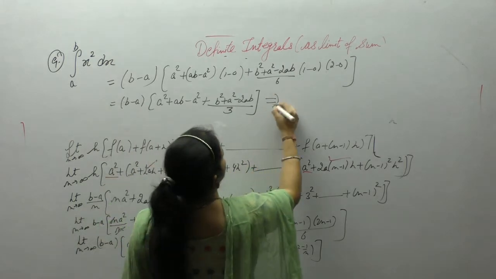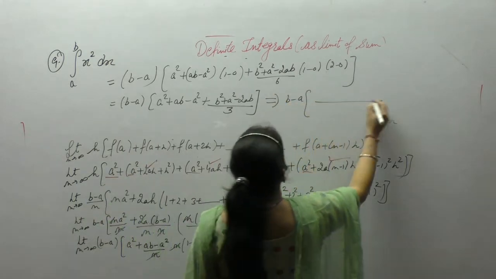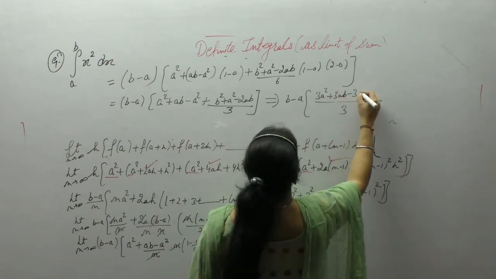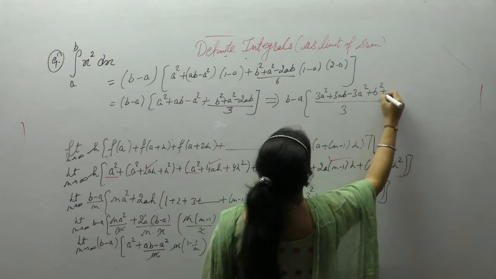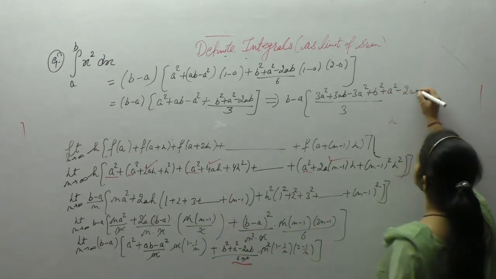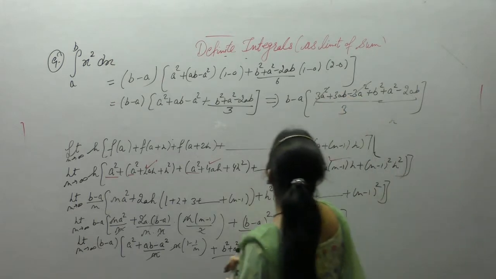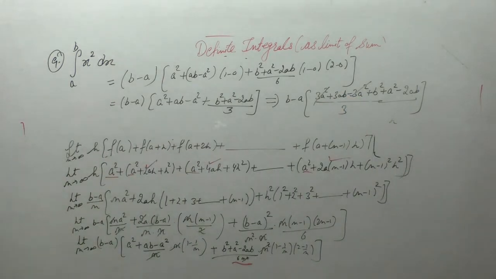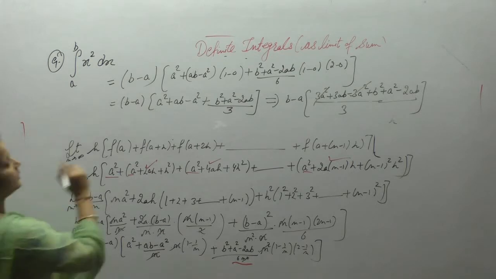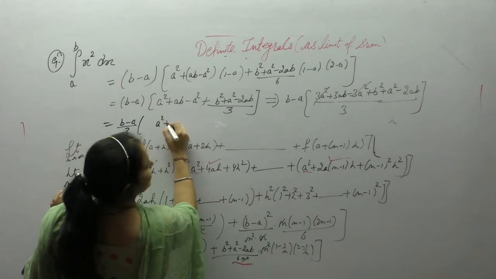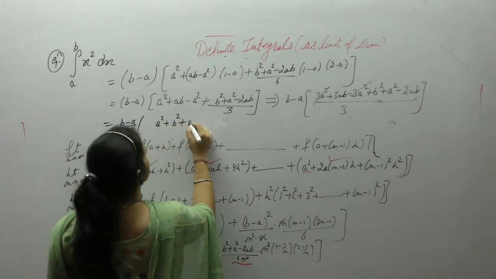Take 3 LCM. (b minus a) [3a square plus 3ab minus 3a square plus b square plus a square minus 2ab] by 3. 3a square terms will cancel. (b minus a) upon 3 times (a square plus b square), 3 minus 2 is 1.